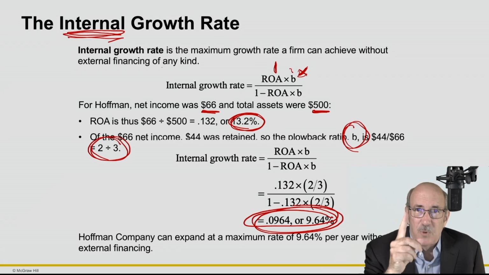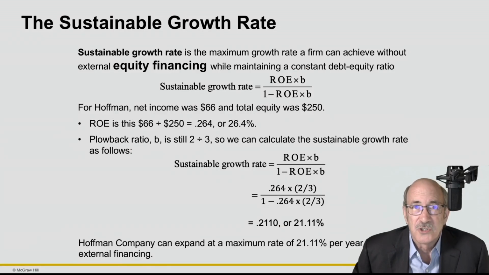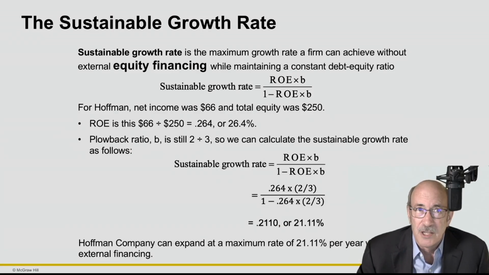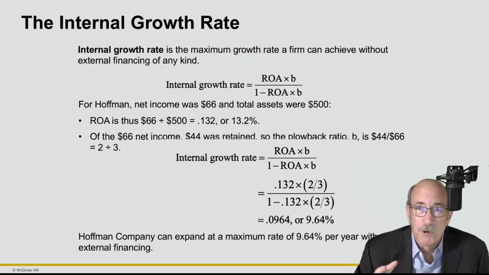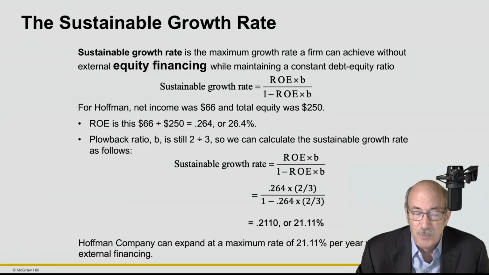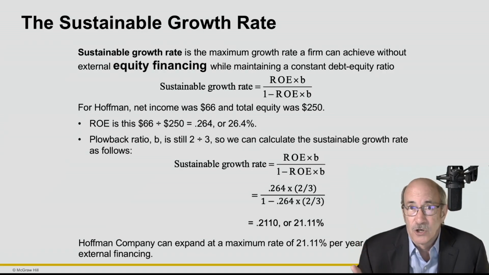The sustainable growth rate is just don't issue any additional equity. Okay, when we get to sustainable growth rate, that differs, remember, from internal growth rate in that sustainable, we're only holding equity without doing any issues. In other words, we can issue debt, whereas in internal, we said we weren't going to issue equity or debt, neither one. So sustainable obviously is going to generate a higher growth rate than internal rate of growth.